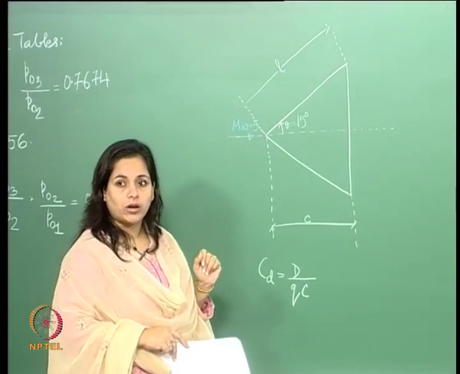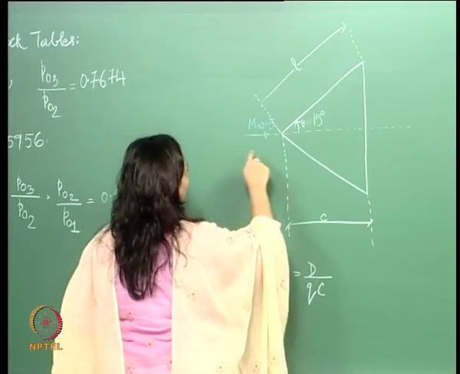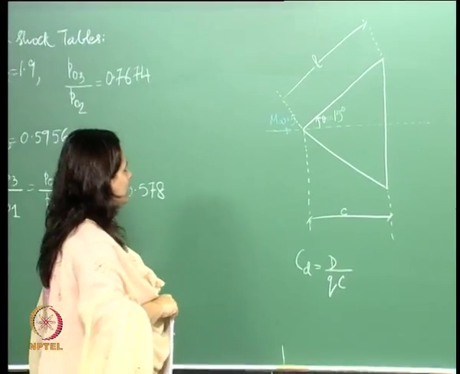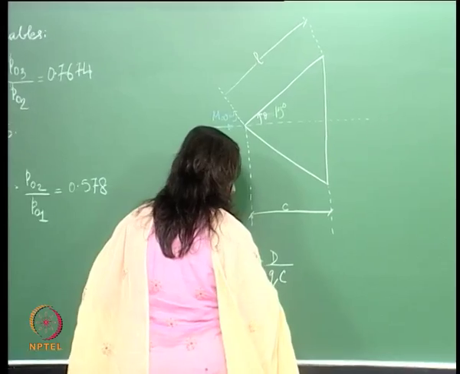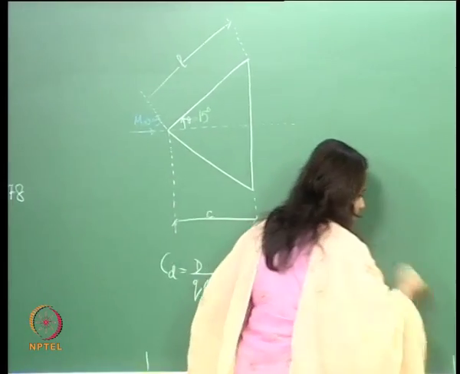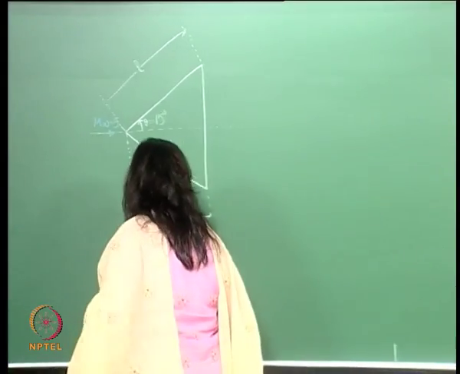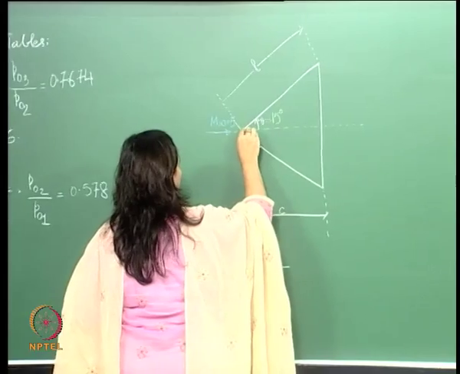So I'm going to have a shock. I have a supersonic flow coming in on a wedge like this, so we will have a shock. So let's draw a shock structure over here.